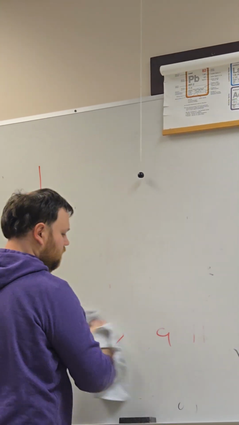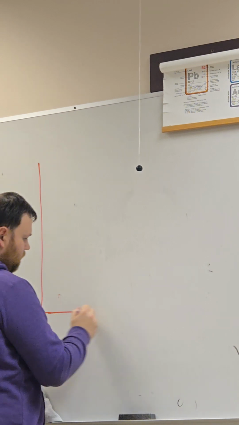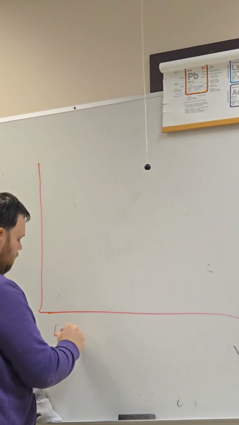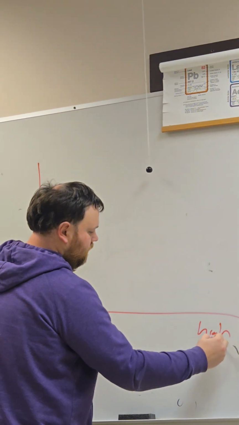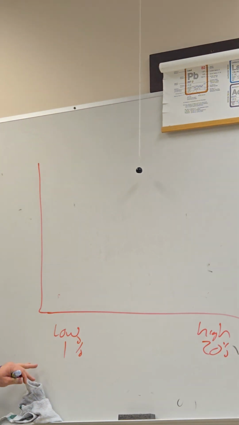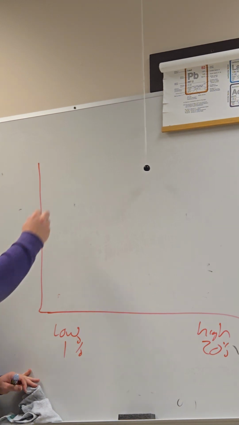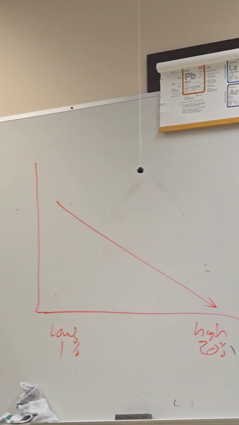Let's do salts. Low, high salt. So 20%, 1%. We did 1%. What's going to happen? Reactivity goes down. What structural levels are we disrupting and why?